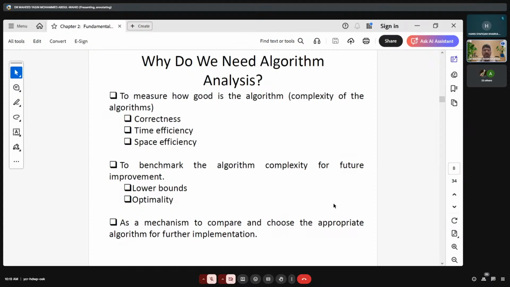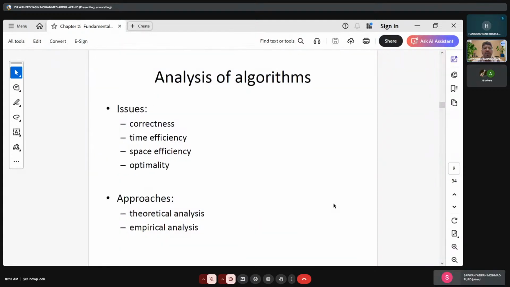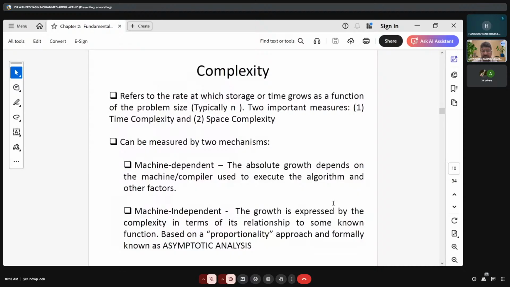As a mechanism to compare and choose the appropriate algorithm for implementation. Analysis of algorithms covers correctness, time efficiency, space efficiency, and optimality. The approaches are theoretical analysis and empirical analysis.